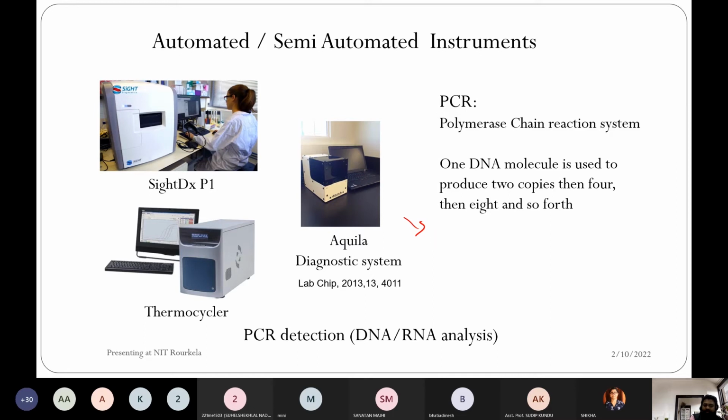It is very sensitive, so even a small contamination can misdiagnose the report. It is also a time-consuming process.